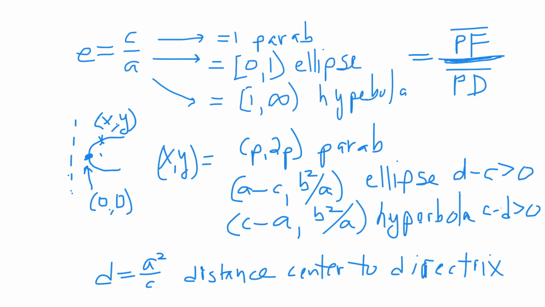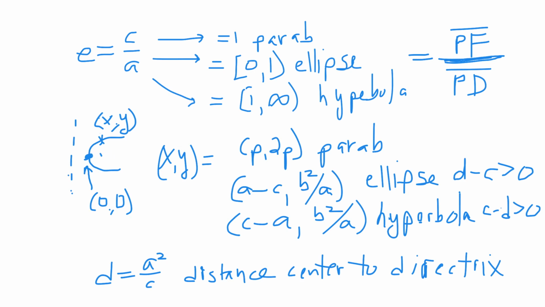For a hyperbola, of course, the center point is going to be over here somewhere, so this distance right here will now be c minus a, but it will be the same distance up to the end of the focal width. So notice that in an ellipse, the distance to the directrix is further than the distance to the focus point, directrix, focus.